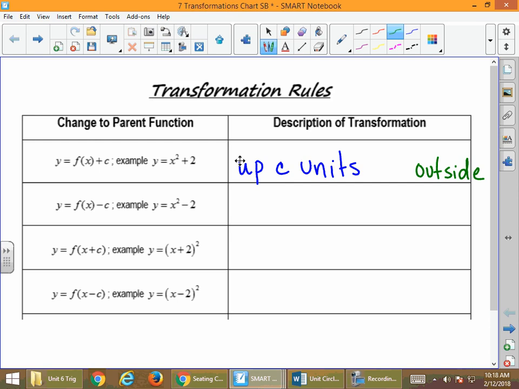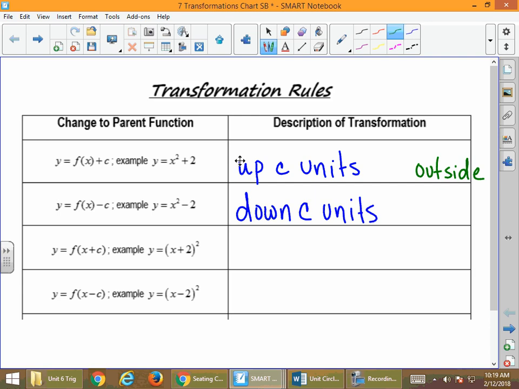And not only is it up c, but if we have f of x minus c, the function minus c, that means we're going to move our graph down c units.